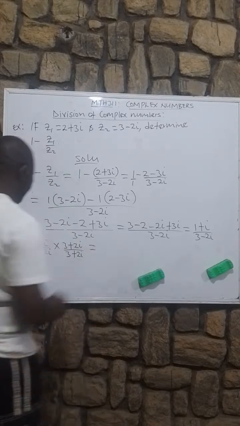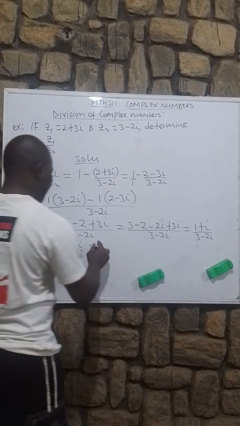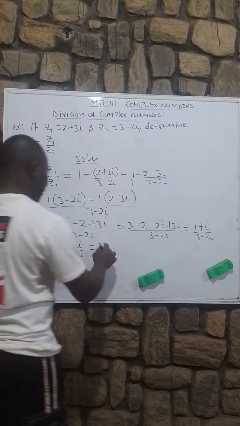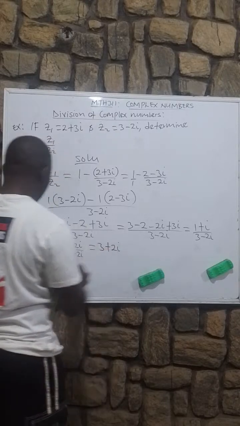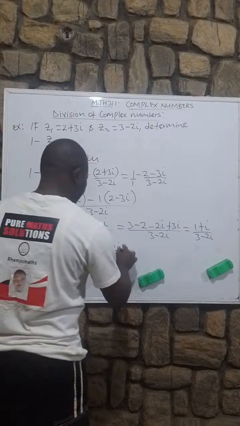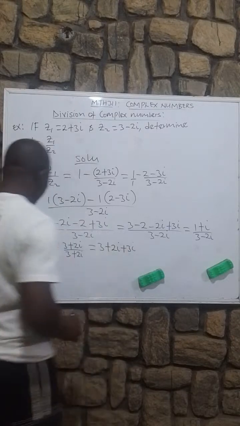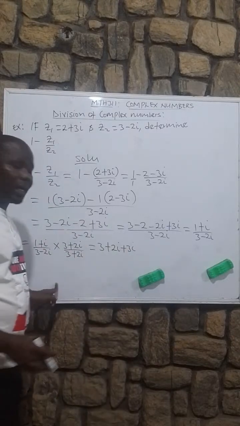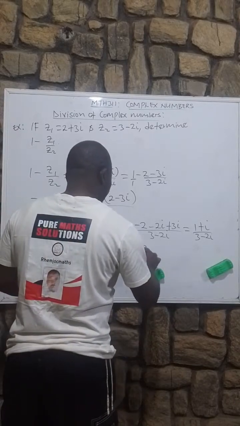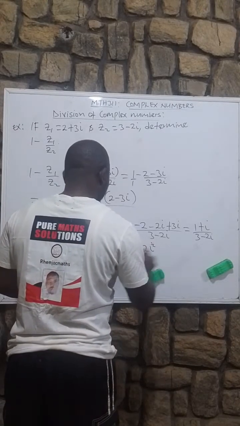So this will now be equals to 1 times 3 is 3, 1 times 2i plus 2i, i times 3 is plus 3i, then i times 2i is plus 2i squared, right?